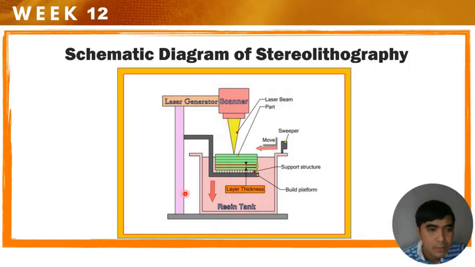Alright, so this is the part to be processed. So these are the resin tank, wherein the resin or the plastic materials are put in order to form a part.